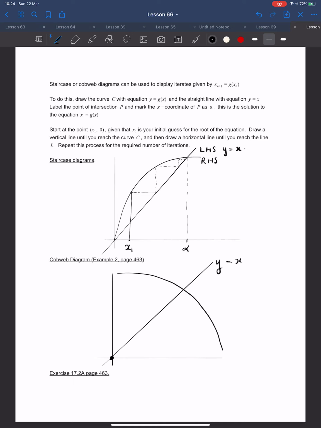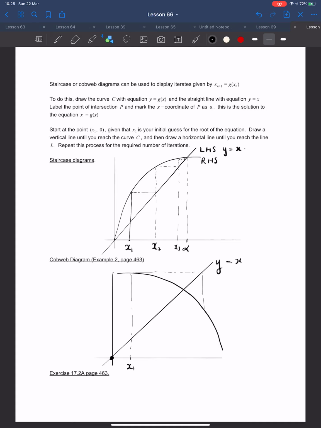Okay. So what happens with these ones? Again, we start with a value x1. That would be x2 there, you see, that's the second value of x that we get, and x3. And you can keep doing this, and eventually you'll get to alpha. So we put this into the left-hand side, and then our new value of x comes across there, because that's at the same height.